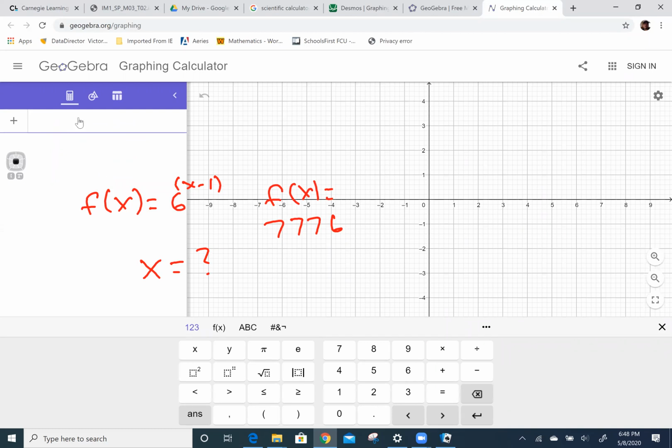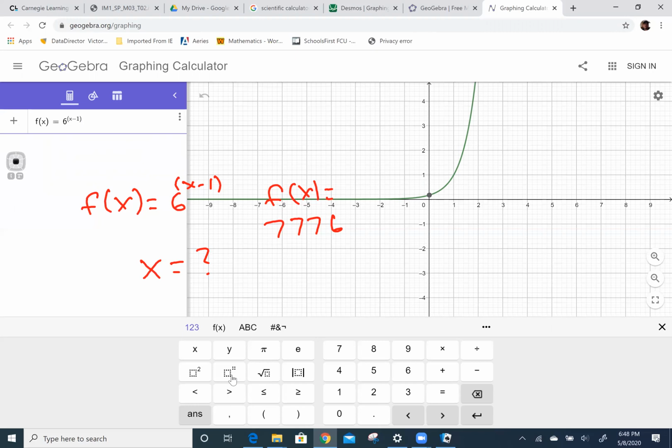So same thing here, I'm going to type in f of x equals, and I want 6, again, exponent. This works the same way. This one, you can see, has the 2 little squares. So I would need parentheses because I want to keep the x on top. So x minus 1, and close the parentheses. Okay, so there's our graph.